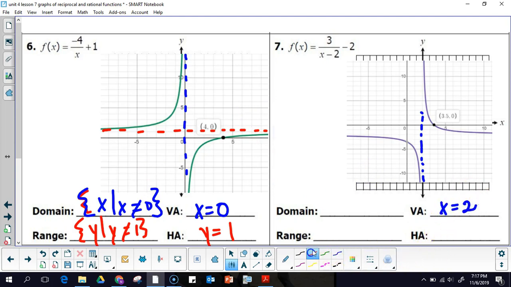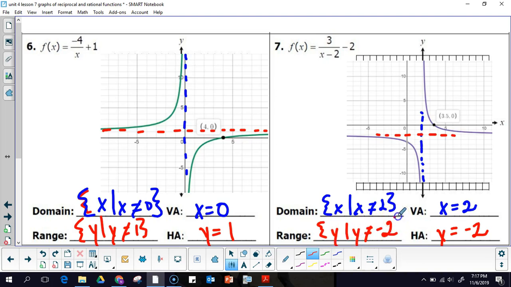And the horizontal is here. And that is, looks like y equals -2, I think. Yeah, y equals -2. Okay, so domain is x such that x does not equal 2. Range is y such that y does not equal -2.